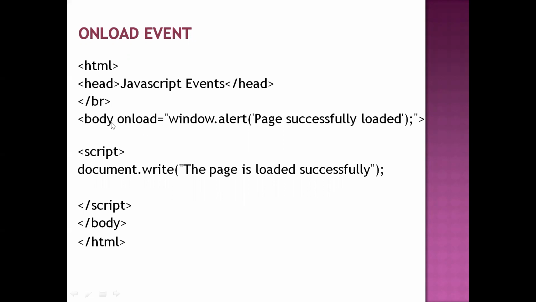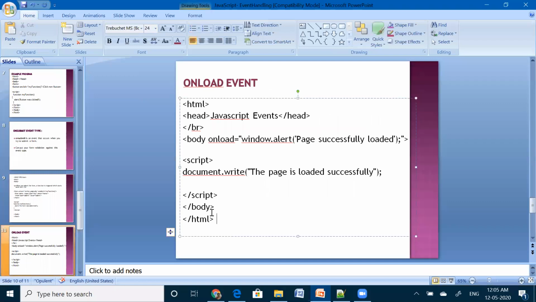Okay, so here inside the body tag, whenever the page is loaded, the on load event will be generated. Whenever the on load event is generated, I just want to display a message like page successfully loaded, using the alert method, right? So once it is loaded, I just want to print the message that the page is loaded successfully. Let me show the output of this program also.